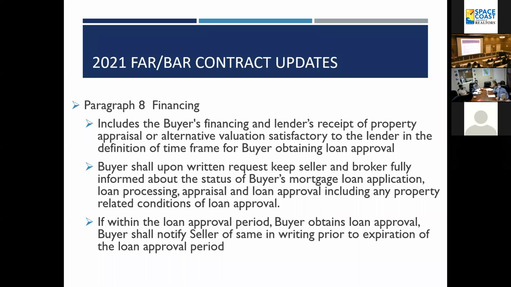But if it turns out to be appraisal, repair, contingency stuff, at least we now know about it, and we'll know about it during the loan approval period and can either attend to it and still keep the contract alive, or cancel it because it's not going to be approved within this loan approval period.